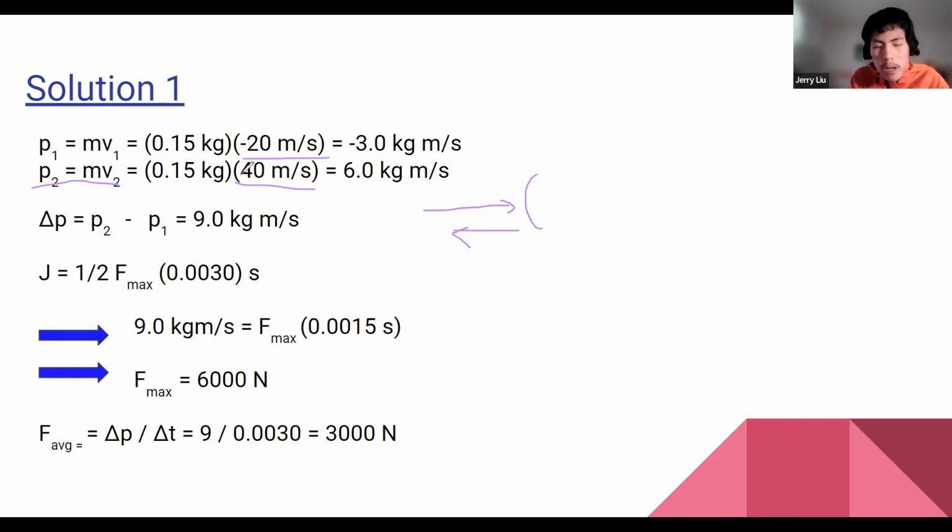So it doesn't matter which one you give to which, you should get the same magnitudes for the momentum, and you must know that the actual difference must be the change in momentum. So therefore, this is your total impulse.